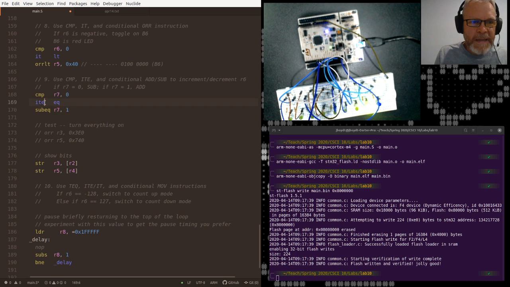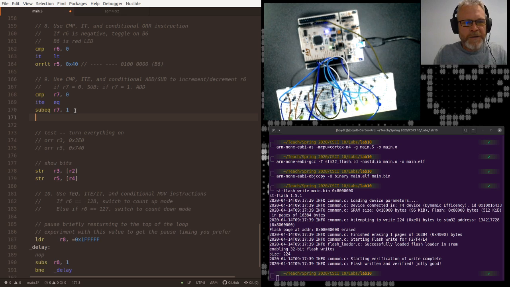But because of this E part, this if-then-else, I can actually attach another conditional instruction with the other outcome associated with it. So I'm going to subtract on equal, but I'm going to add on not equal, which is what the E part lets me do, which is super, super cool.